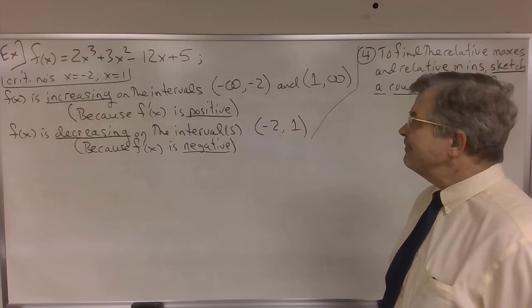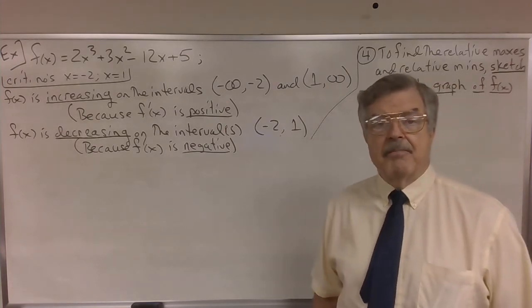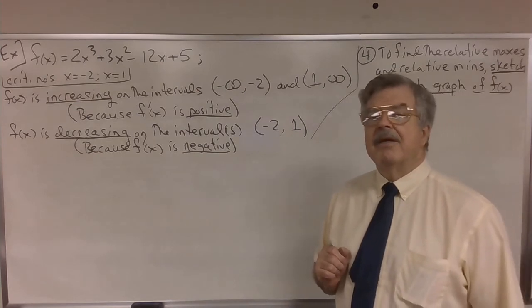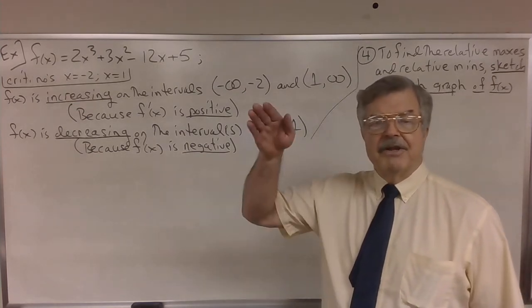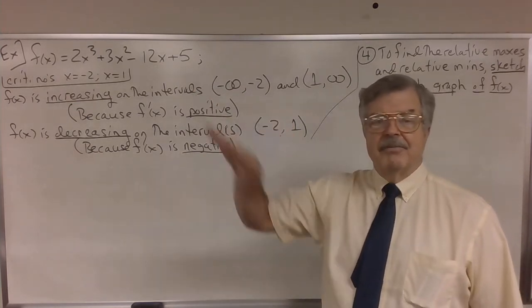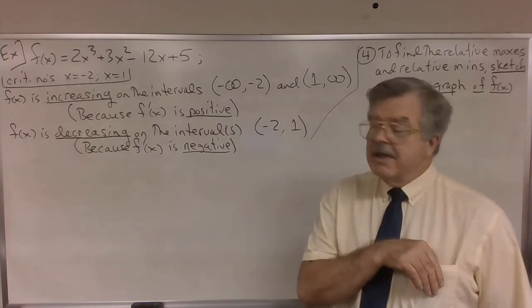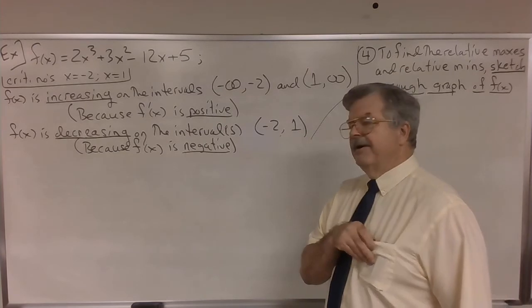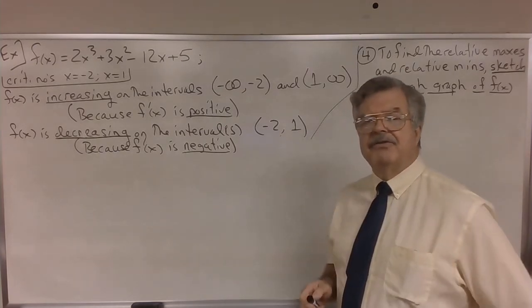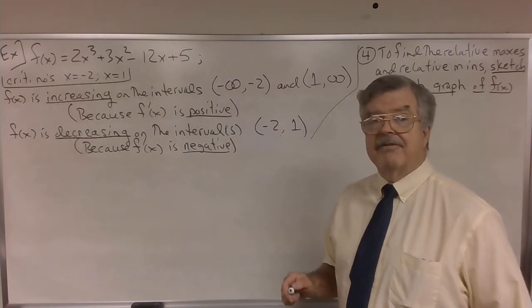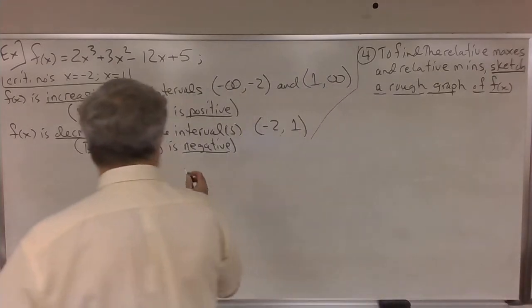Well, we have critical numbers, and at those critical numbers, the graph changes from increasing to decreasing and from decreasing to increasing, and that's pretty important. So what I propose here is that we use the critical numbers as our frames of reference.